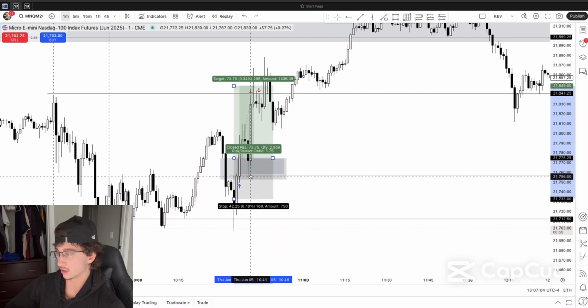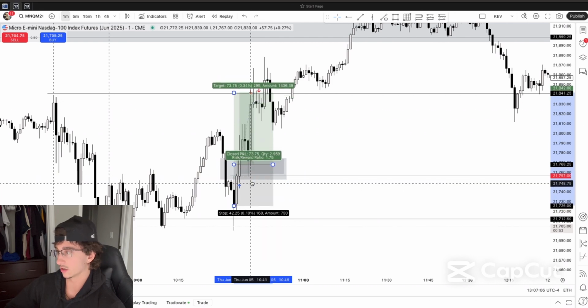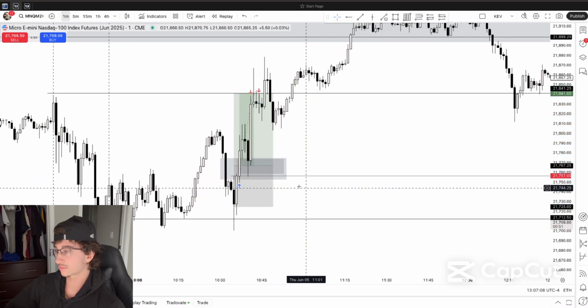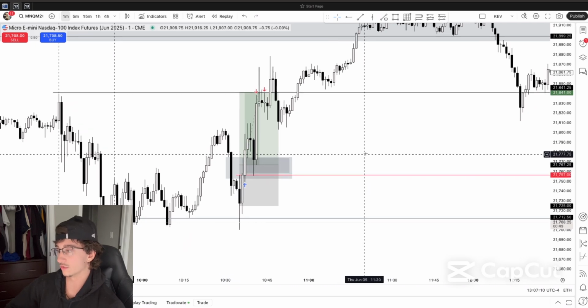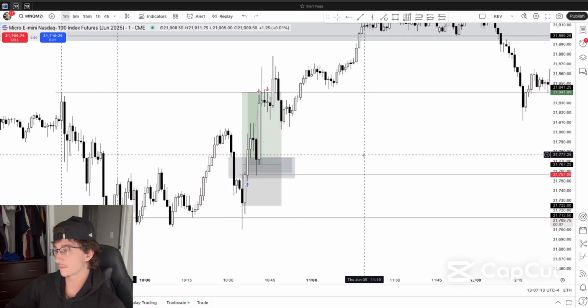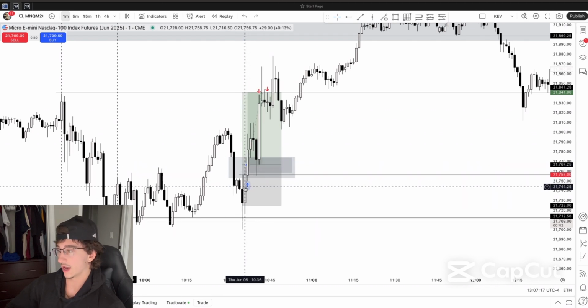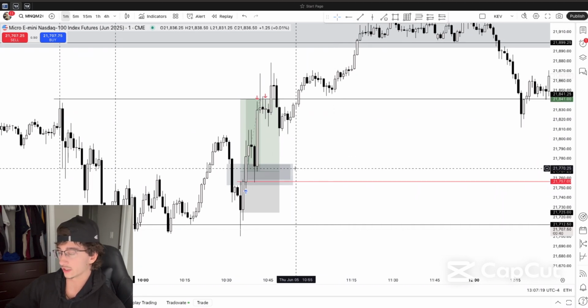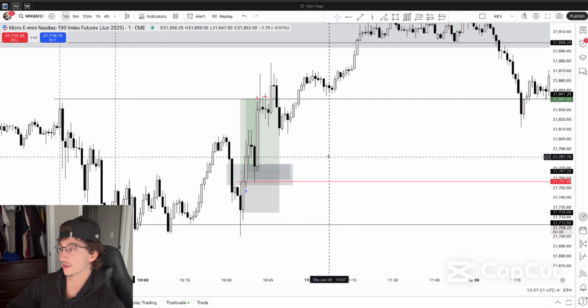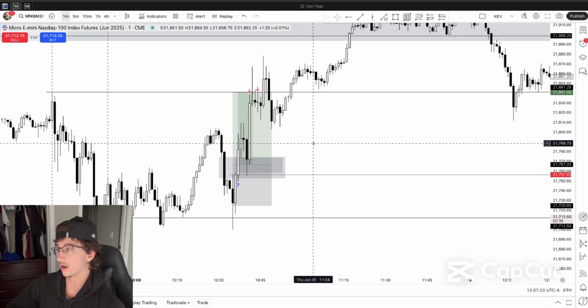Should have taken it down here, but I wanted to see where this next candle is going to move. If I waited for it to inverse that fair value gap, the risk would have been too high. I had a strong feeling that we were going to continue higher based on all of the other confluences going toward my bias.